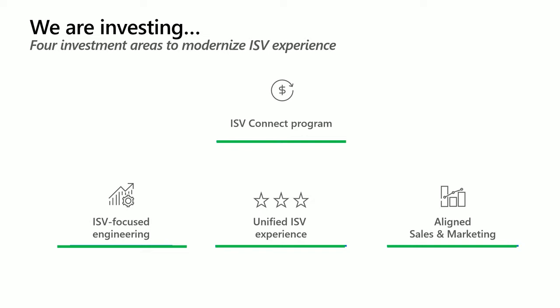So we have done a consolidation there, meaning under the covers, we now have one ingestion catalog, where whether you are building solutions for Azure, for BizApps, whether you're a field person, we ingest all the solutions into one place, and we have different UI experiences. So the field goes and looks for co-sell opportunities in the same catalog that customers access to browse. They obviously have different user interfaces, but that streamlines quite a bit, and it helps us make sure that our field sees what all our customers are seeing as well.